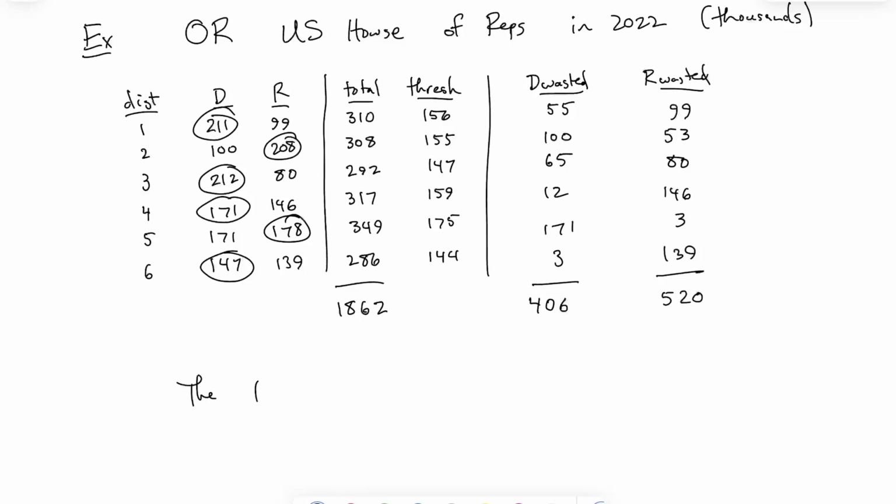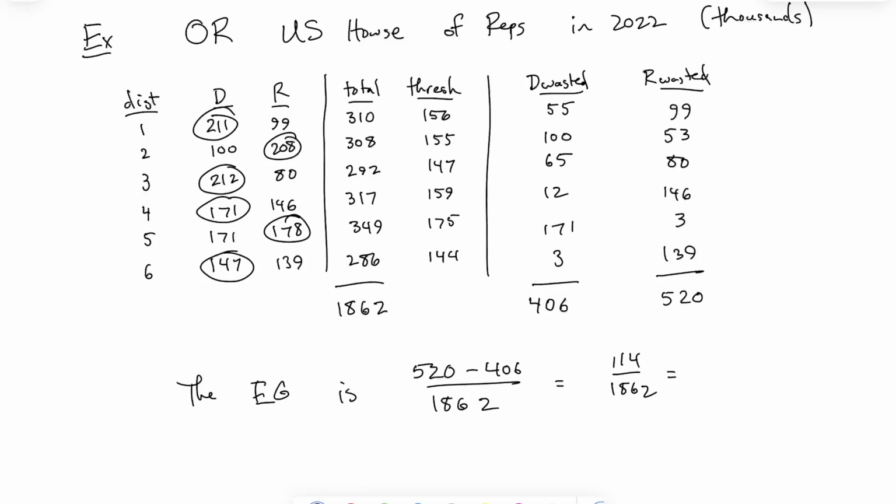So the efficiency gap is 520 minus 406 divided by 1862. The numerator is always the difference between the wasted totals, and the denominator, the bottom, is always the total of the totals. All right? And if you do the subtraction there, this equals 114 out of 1862.